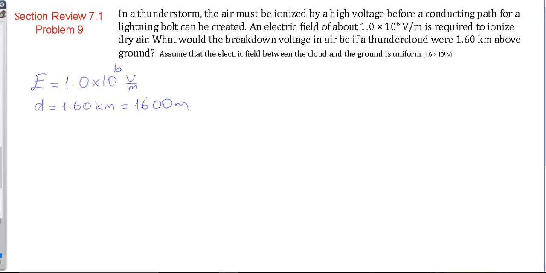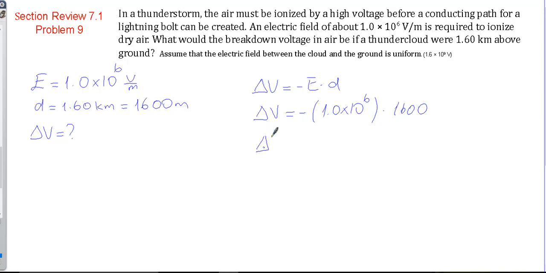Calculate the breakdown potential voltage, delta V wanted. Delta V is equal to minus ED, and delta V is equal to E, which is given as 1.0 × 10^6, multiplied by D, which is 1,600.